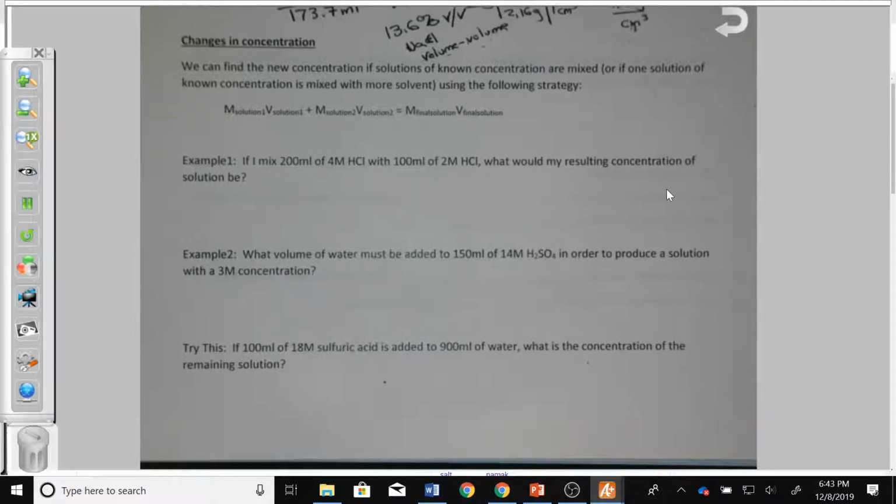But this is the changes in concentration. So quite often we'll mix two solutions together that have different concentrations in order to achieve a particular concentration we're looking for. So there's a formula that controls that.